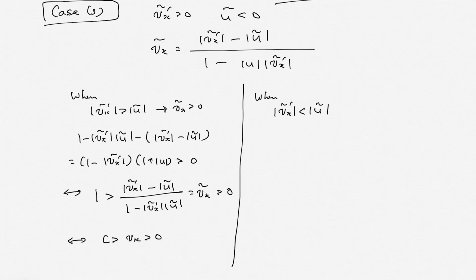In the opposite case, v sub x tilde is a negative quantity.